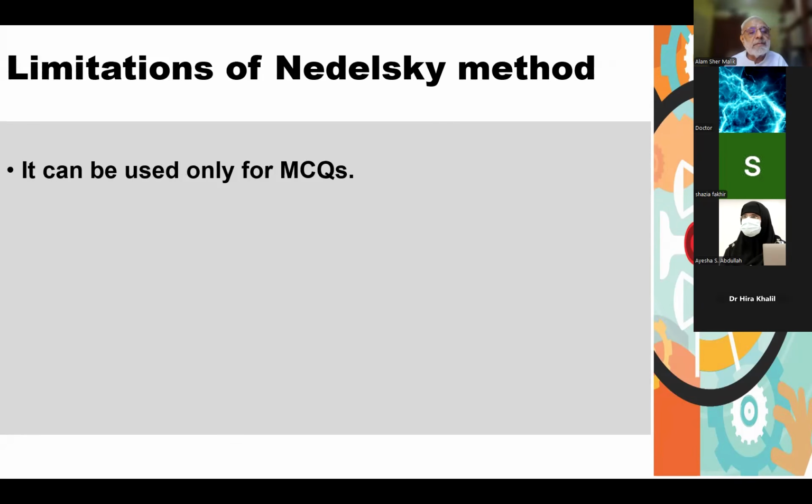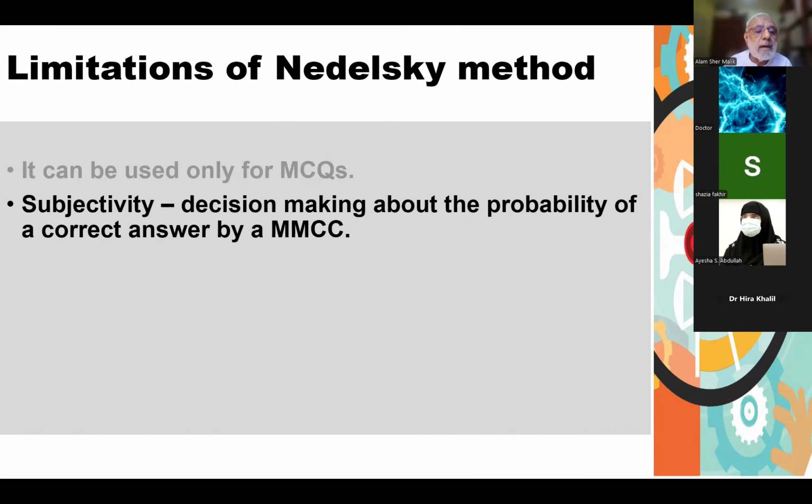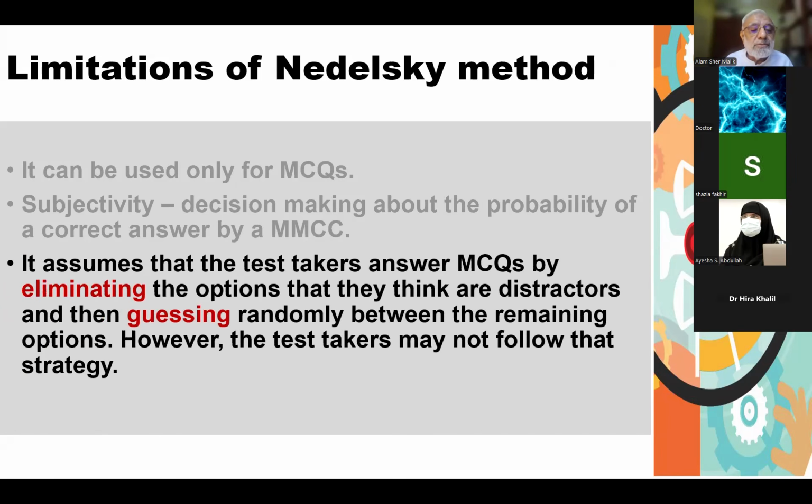However, there are limitations. It can be used only for MCQs. And there is subjectivity in the decision making about the probability of a correct answer by minimally competent candidates. So here the training of subject matter experts would count a lot. It assumes that test takers answer MCQs by eliminating the options that they think are distractors, and then guessing randomly between the remaining options.